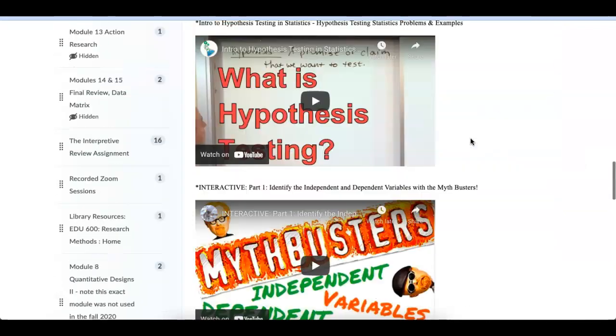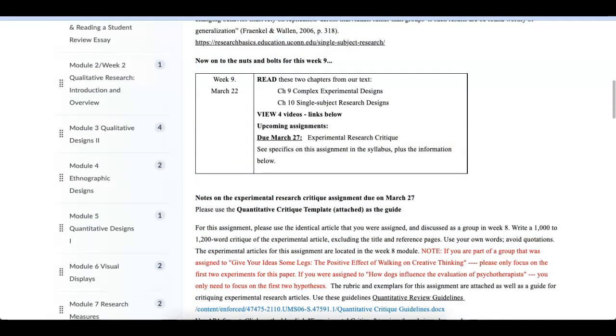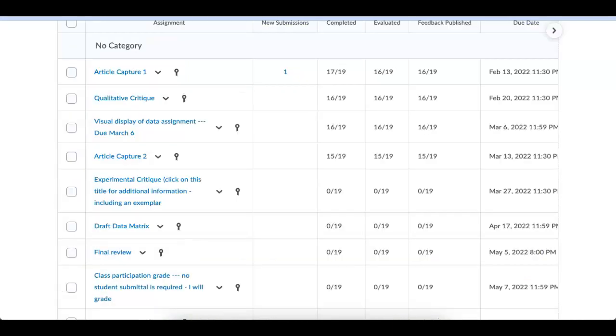Now I just wanted to show you one more thing. So where are we at as far as our assignment goes? We've been through the article capture 1, the qualitative critique, the visual displays, the article capture 2, which everybody submitted, and if you didn't submit, please contact me ASAP so we can figure out some kind of plan.